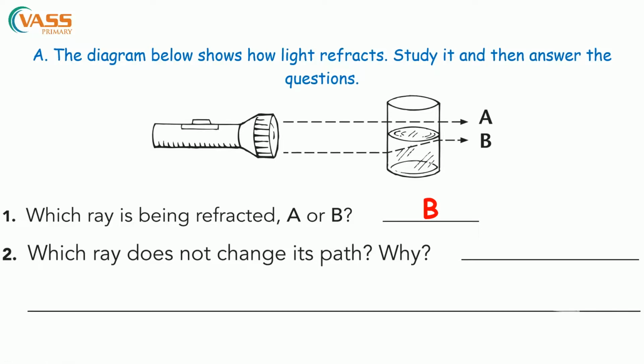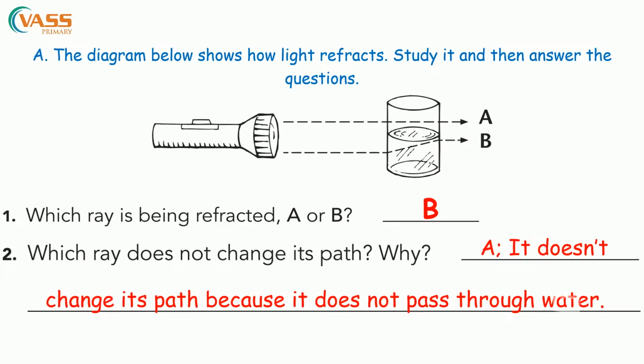The answer is A. You're correct. The reason why it doesn't change its path is because it doesn't pass through the water. With the top ray, line A, air does not refract the light, so we see it in a straight line. But for B, when the light ray hits the water, remember, it bends or refracts, and we see it a little bit off-center.